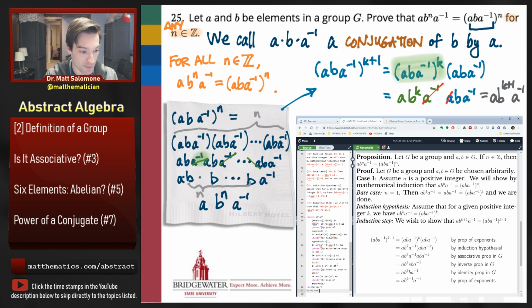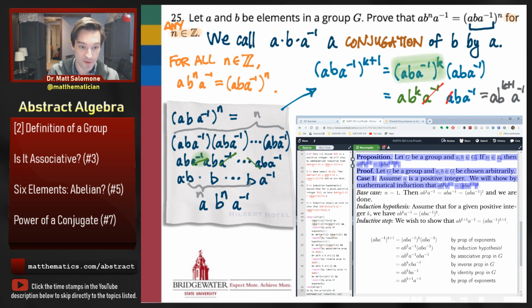So, by the principle of mathematical induction, how do we say it? Our statement is true for all positive integers n. So now we're regressing back to the original burden of proof.